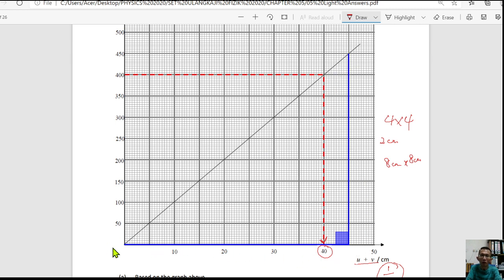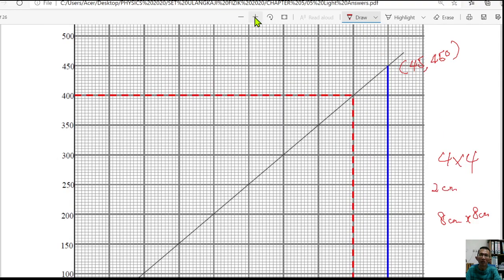Just to be safe, you write the coordinates. Here is 0, 0, and the coordinate here will be 45 on the x-axis, and my y-axis is 450. I write my coordinates on the graph as well.